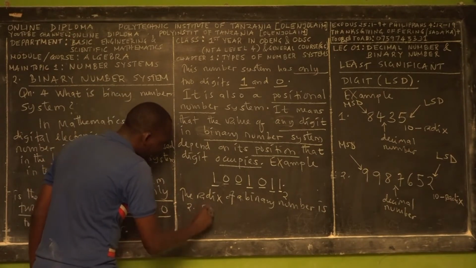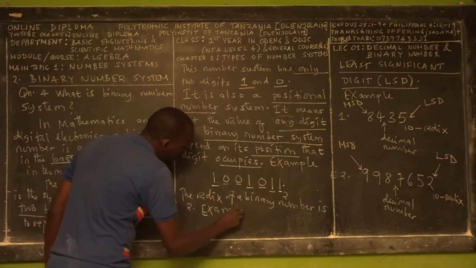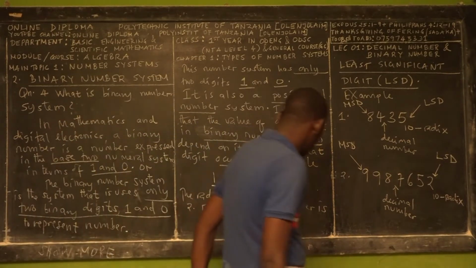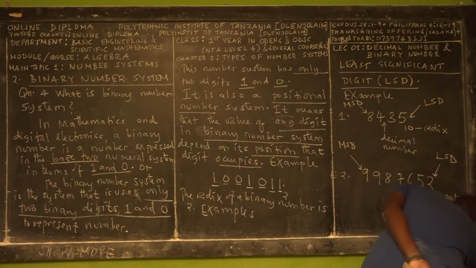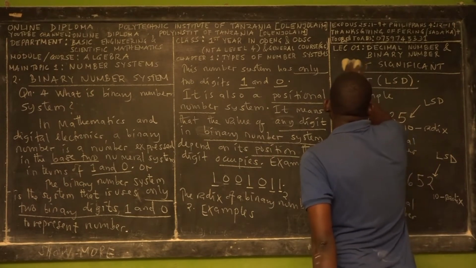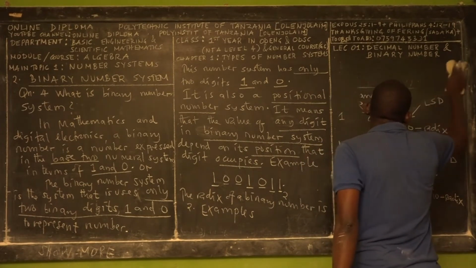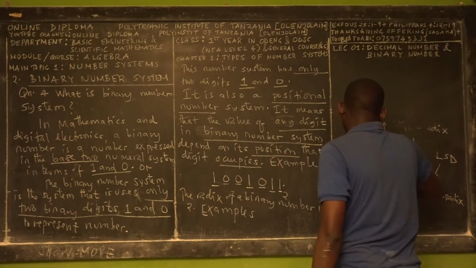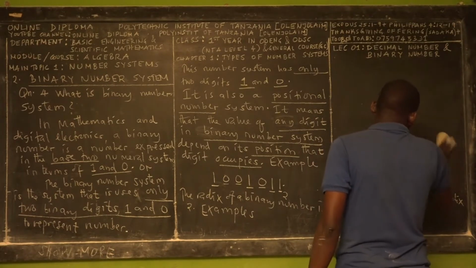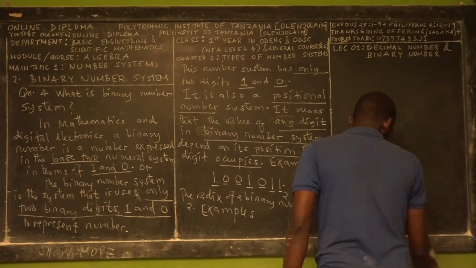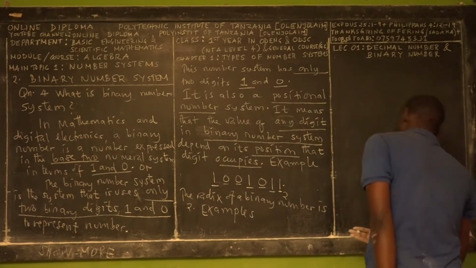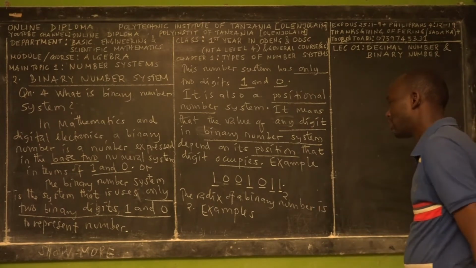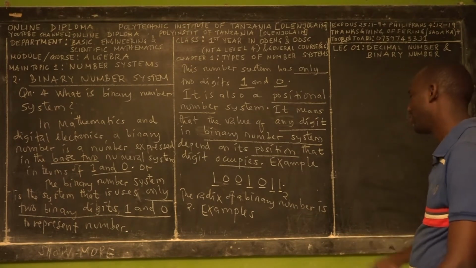So if that's the case, let me give you some examples of binary numbers. You can pause the video and try to write some examples of binary numbers, in any arrangement regardless of their values.